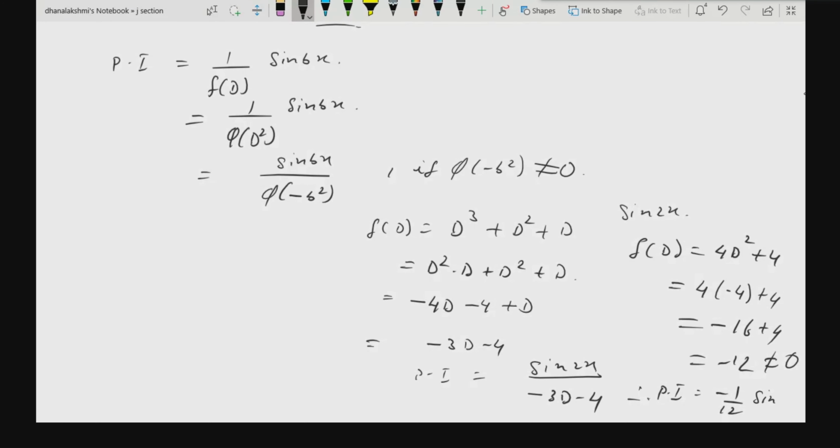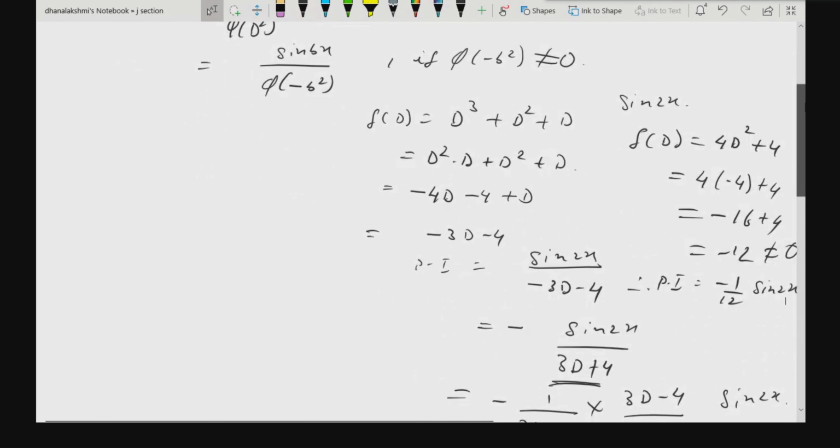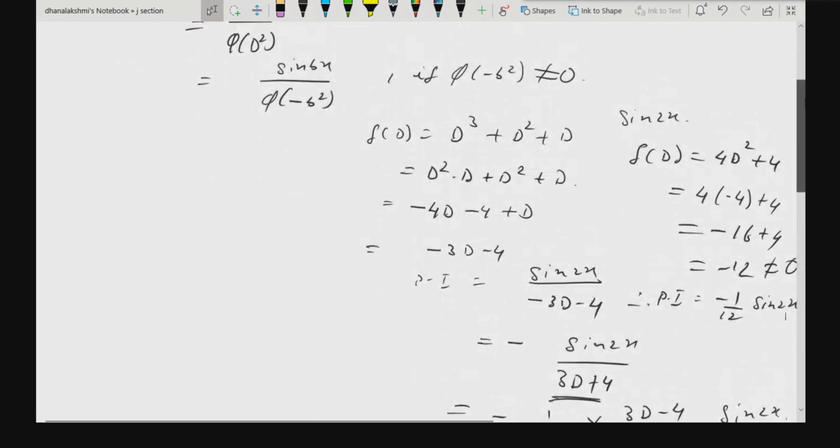This is just a constant when you apply this minus b square formula, and sometimes it can turn out in terms of the D operator again. Understood both the things? Yes, ma'am. But both will happen only in which case? When f of minus b square is not equal to 0. So the particular integral is given by sine bx itself, and in the denominator you will have phi of minus b square.